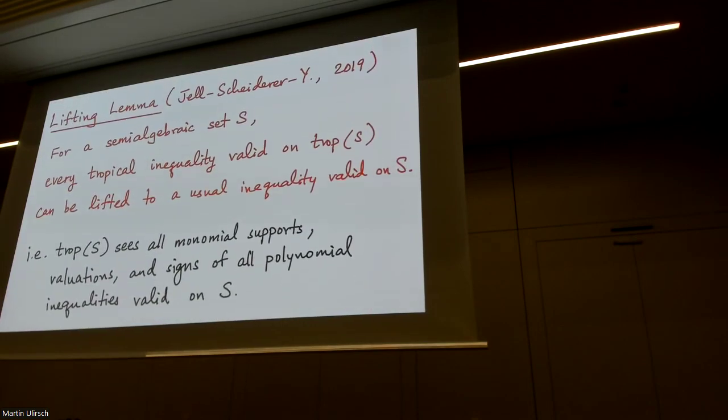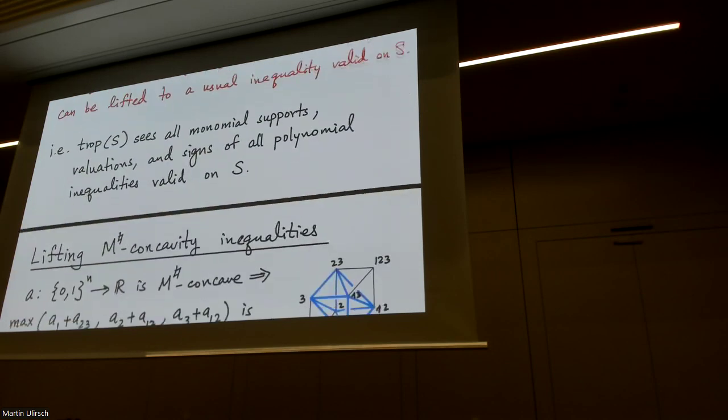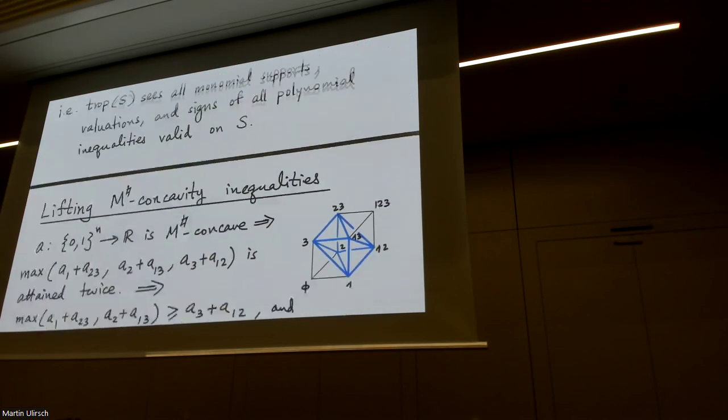We have something called the Lifting Lemma. It says that for a semi-algebraic set, if you have a tropical inequality that is valid on your tropicalization, it can be lifted to the usual classical algebraic inequality valid on my original set. In other words, tropicalization sees all the monomial supports, valuations and signs of all polynomial inequalities that are valid on the set. I like to think of it as tropicalization knowing the combinatorial shape of all inequalities.